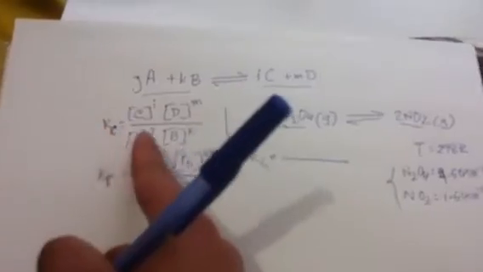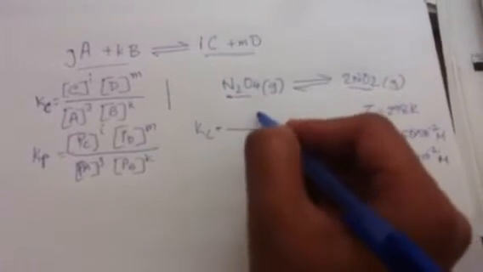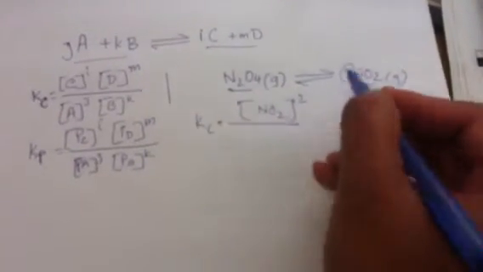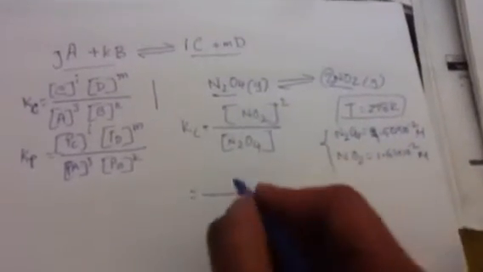Just remember how we write Kc and Kp: as products over reactants. So what is my product here? NO2. This is my product, raised to the power of its coefficient, that's a square, since I have 2. Then divided by the concentration of N2O4. Let's plug in the numbers. The temperature is constant, that doesn't change anything in my Kc value, the equilibrium constant.